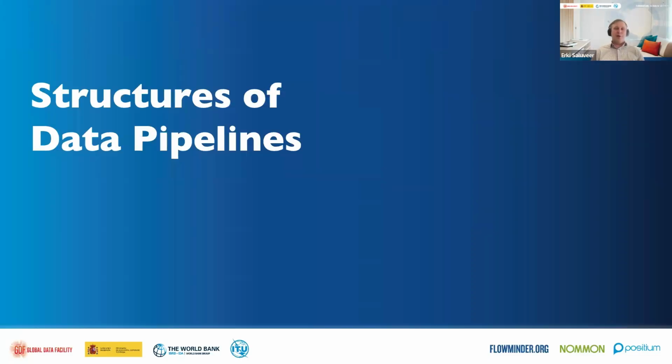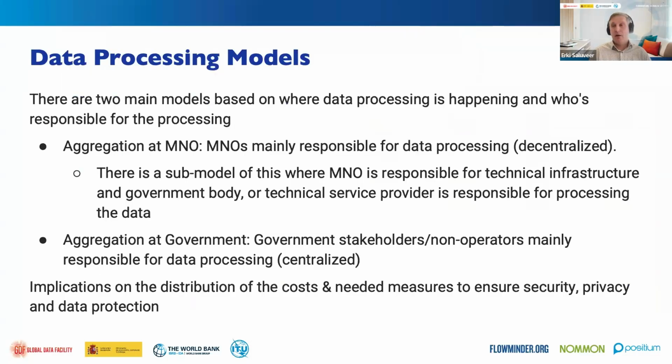Which brings us to the final session of today's lecture. In this session, we will talk about pipeline models, where different pipeline processes are located and what are the differences between these models. In essence, there are 2 main data processing models when we talk about it from the perspective of the processing pipeline.